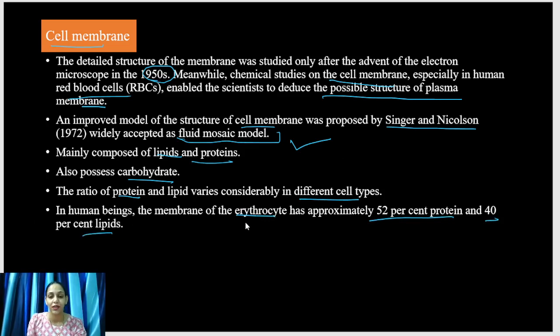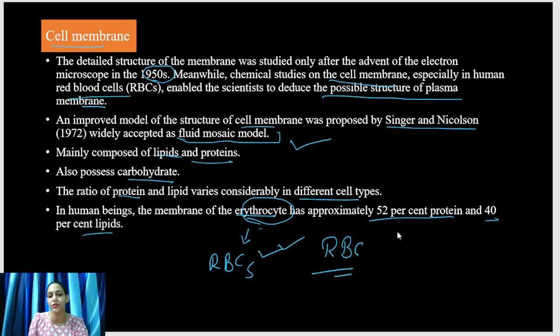What are the erythrocytes? Erythrocytes, also known as RBCs. We can say that the plasma membrane of RBCs are composed of 50% protein and 40% lipid.